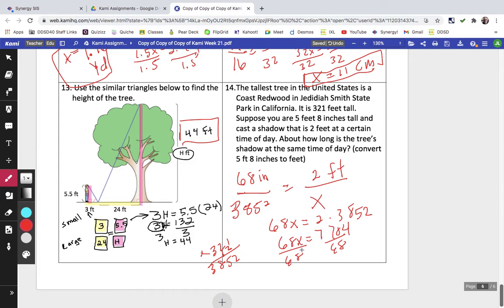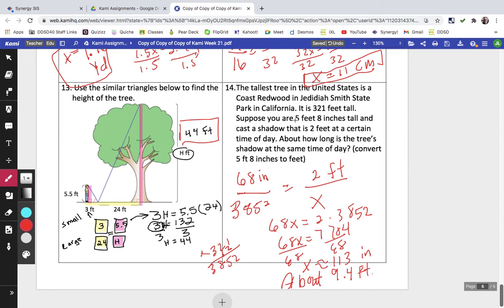So I'm going to try it one more time just to double check. 7,704 divided by 68. So x is around 113 inches. So we divide that by 12 and we get about 9.4 feet. So definitely something went wrong here.